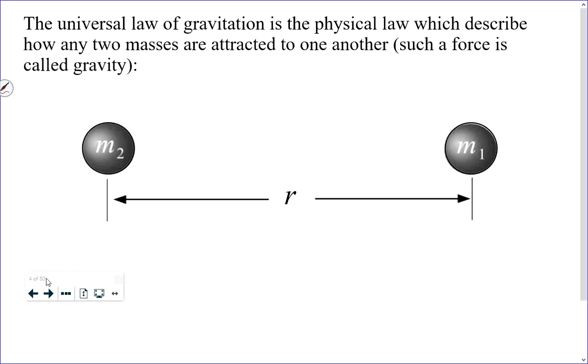Now let's look at the problem of universal gravitation. It turns out, and this is a hard thing to imagine, that anything with mass is attracted to anything else with mass. My head is attracted to the moon.